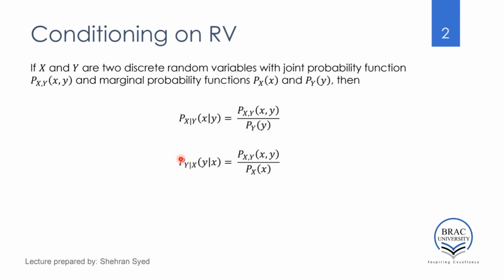Similarly, the conditional probability of y given x is equal to the joint probability of x and y divided by the marginal probability of x.